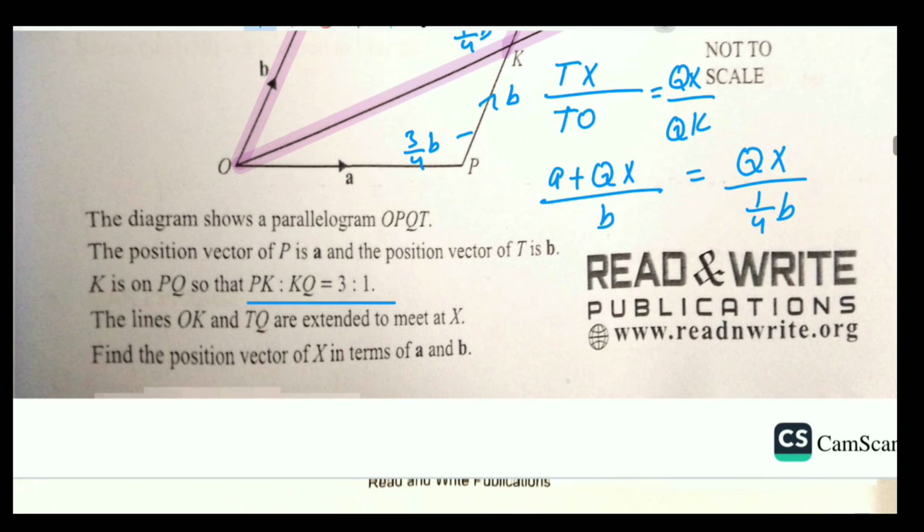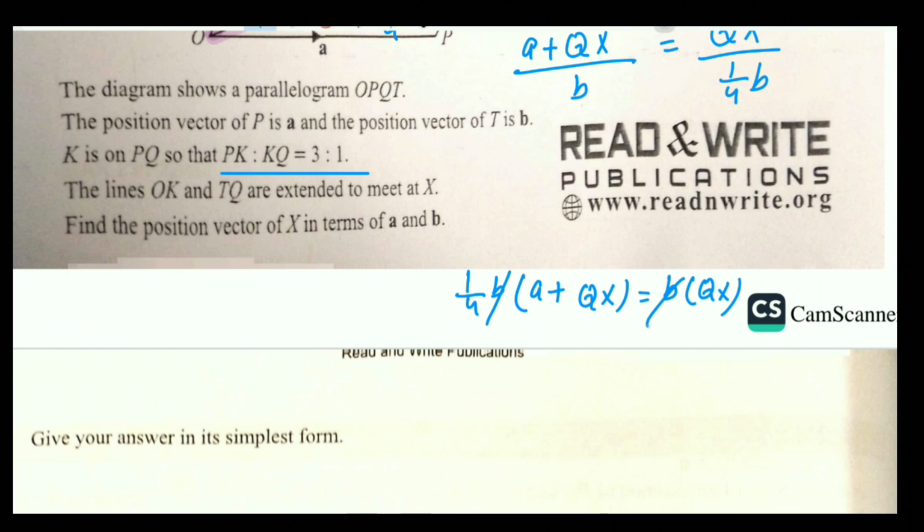So now how will we solve it? Cross multiplication: 1 by 4B times (A plus QX) is equal to B times QX. B and B can be cancelled, and 1 by 4A plus 1 by 4 QX is equal to QX. 1 by 4A will remain here.